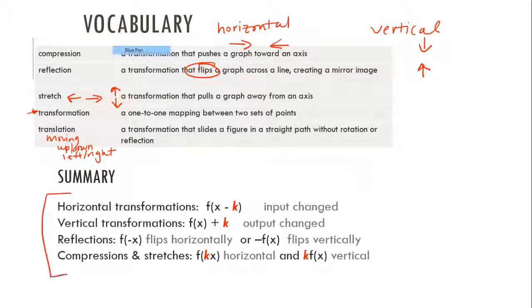And these are all of the rules that we looked at. So we have our horizontal translations, that's when we're moving left to right. Vertical is up or down. And then reflections, we're flipping horizontally or vertically. And then compressions and stretches can happen both horizontally and vertically.